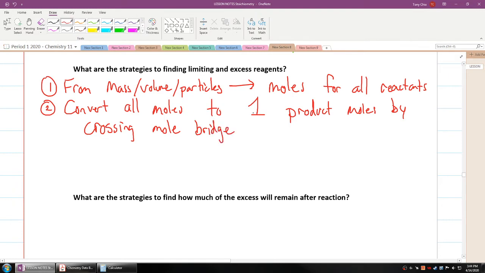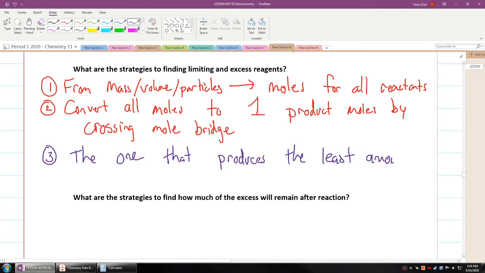You could find which one will produce the smaller amount of product. So number three, the one that produces the least amount of product is your limiting reagent. That means the rest are your excess because they will be remaining.